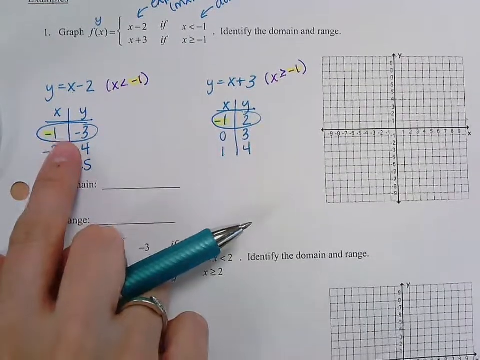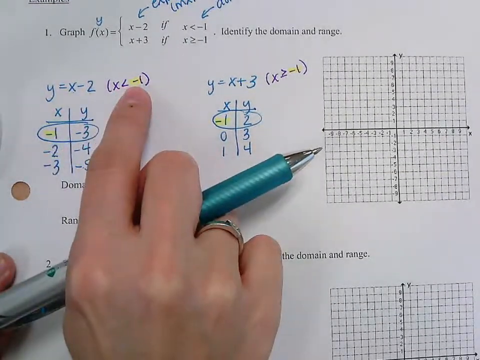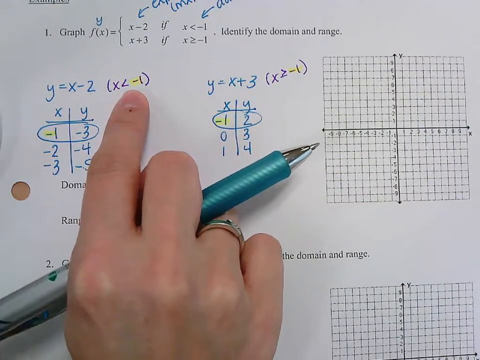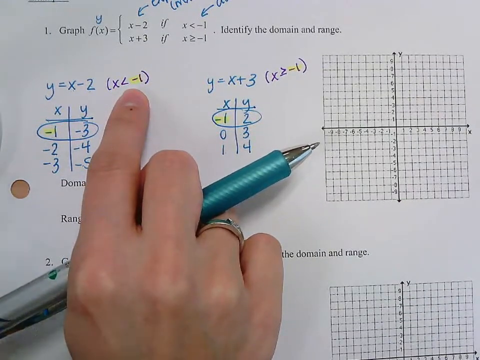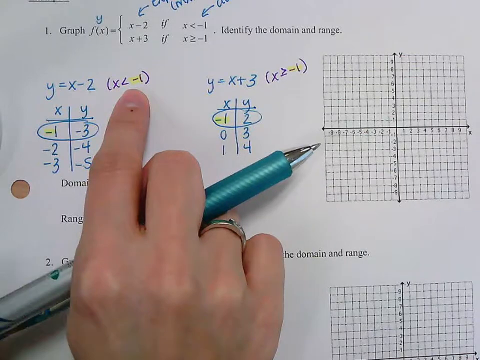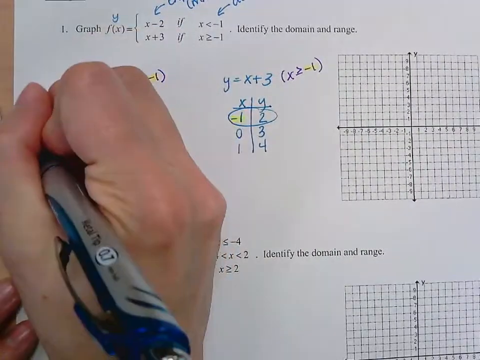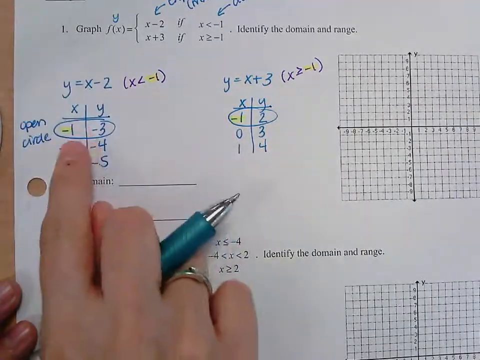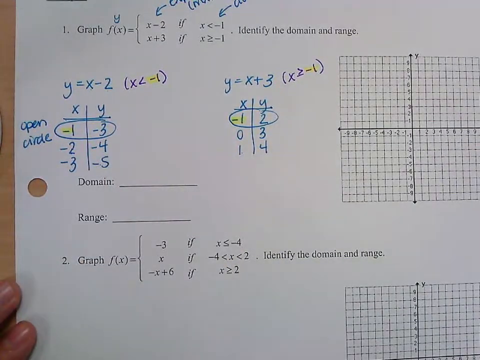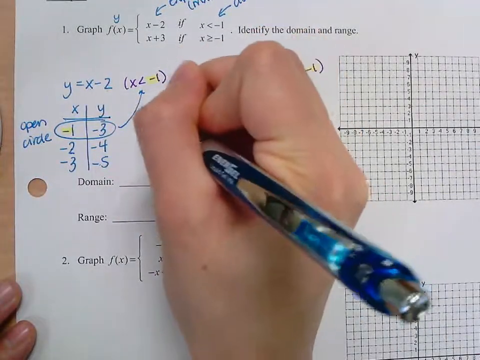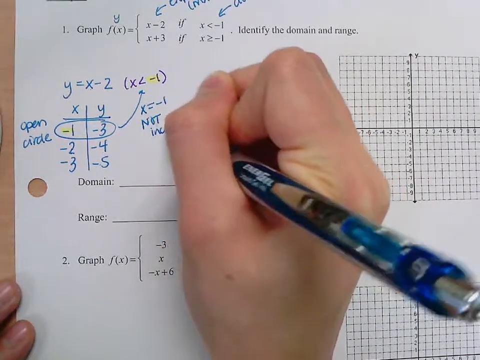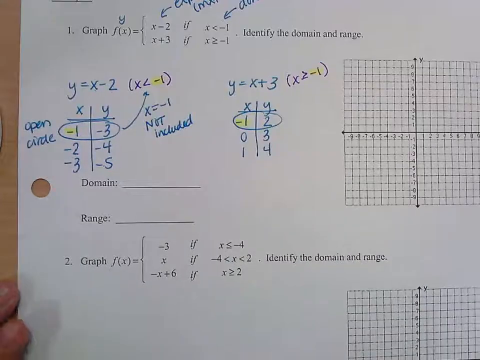So here, because x is strictly less than -1, -1 is not included, x cannot equal -1. This one is going to be an open circle. When I plot that point, I put an open circle, again because x equals -1 is not included in that domain.